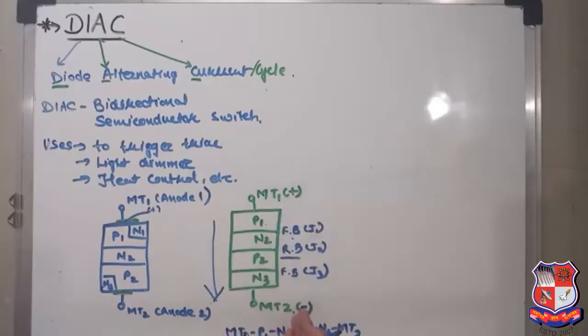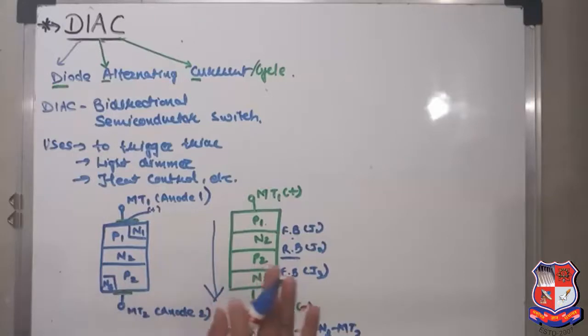That is the conventional direction of current flow when MT1 is made positive with respect to MT2, and the applied forward voltage exceeds the breakover voltage. At that time, avalanche breakdown of the reverse biased junction J2 occurs, and current flows from MT1 to MT2. The characteristics are similar to those of the SCR except for the gate current.